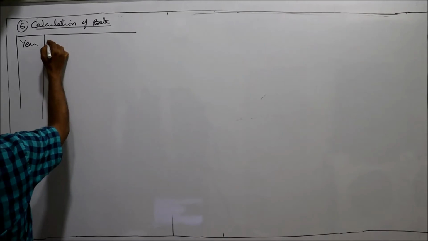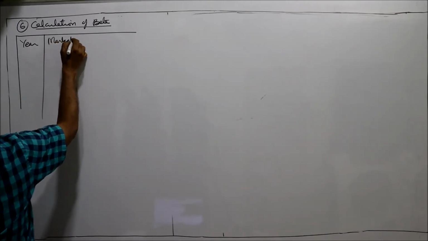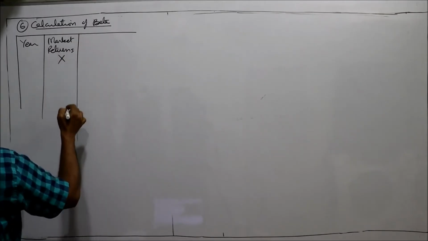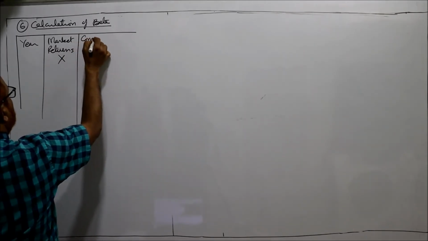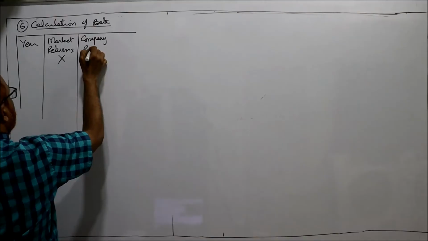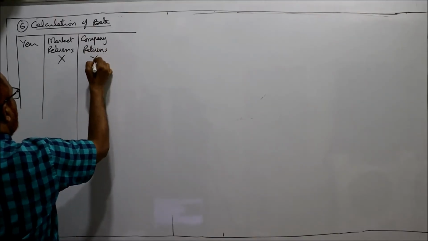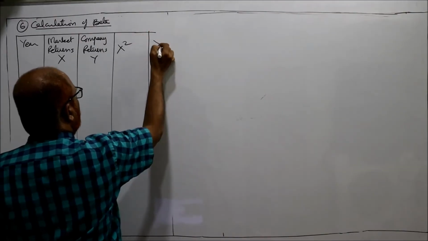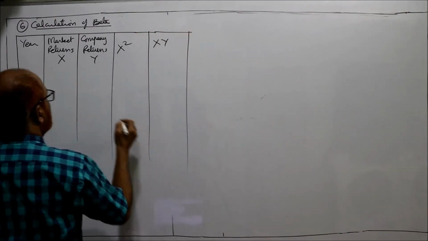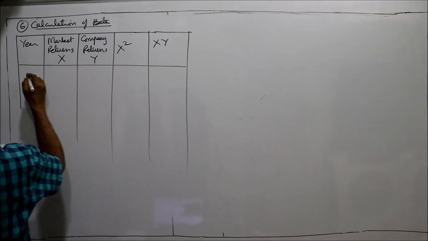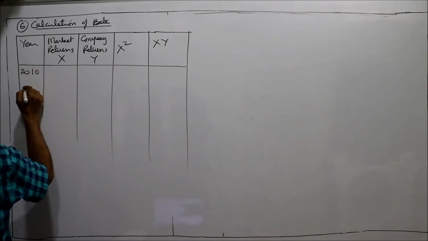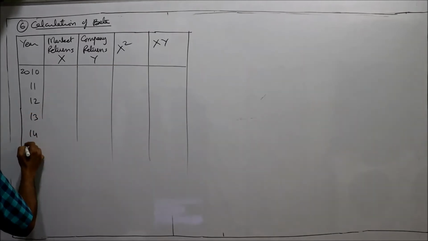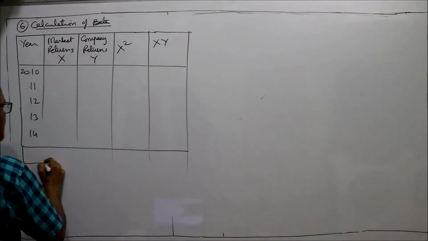Here market returns x and company returns as y. Then we take the column x square and xy. These are the columns we require for calculating beta coefficient. 2010, 11, 12, 13, 14. 5 years data is given.